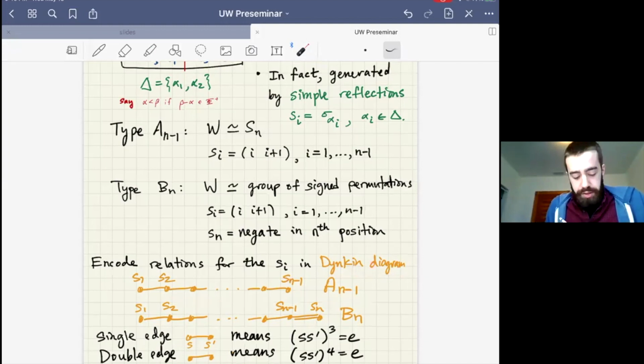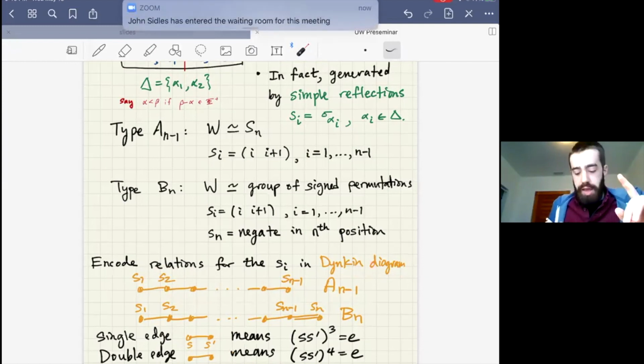And this diagram has one vertex for every simple reflection. And the edges tell us about the relations between them. So if I have no edge between two nodes, that means that those two generators commute.